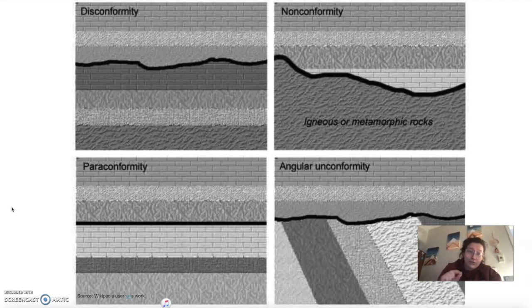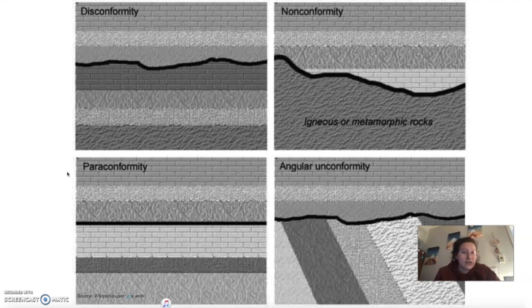So the law of superposition tells us that the bottom is the oldest, and then original horizontality tells us that everything should be deposited flat. So like the top left-hand corner there, the disconformity shows that there's flat layers, and then all of a sudden there was some erosion that happened and then more layers were deposited.